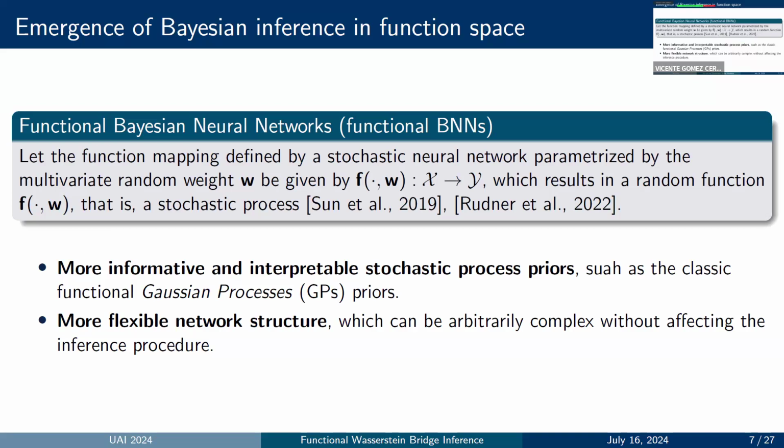Then one can take advantage of more informative stochastic process priors, such as the classic GP priors, which could easily encode prior knowledge about the potential functions, such as smoothness, shape, and periodicity, through the corresponding kernel functions.